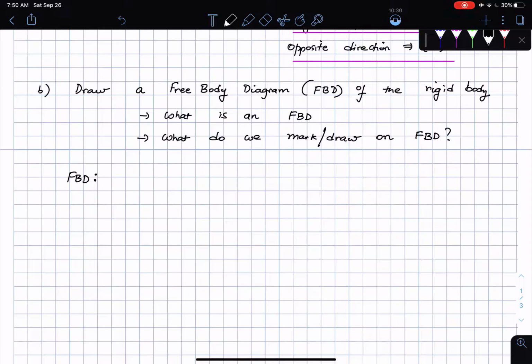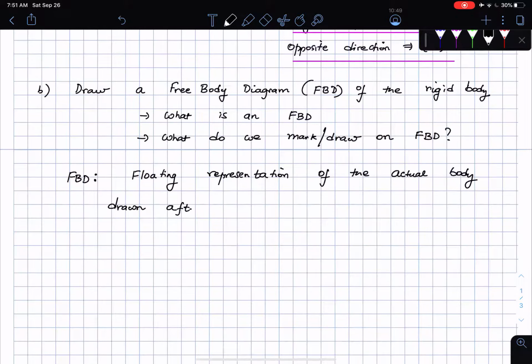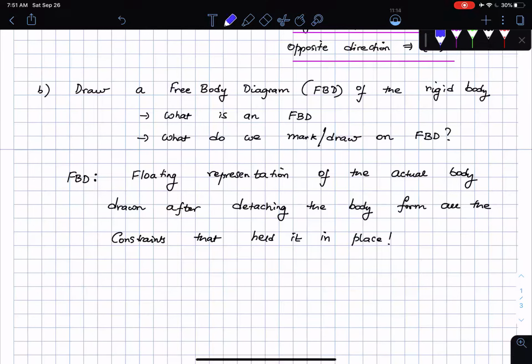So this is a floating representation of the actual body drawn after detaching the body from all the constraints that held it in place. So this is the first thing. What is a free body diagram?